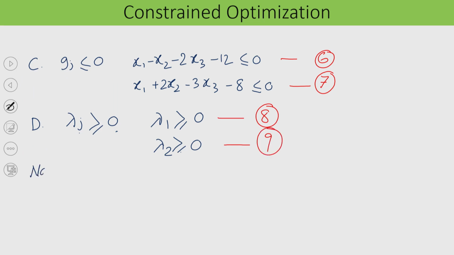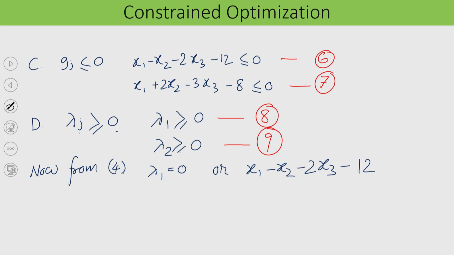Now, from the fourth equation, we may get either lambda 1 equal to 0 or x 1 minus x 2 minus twice x 3 minus 12 equal to 0.